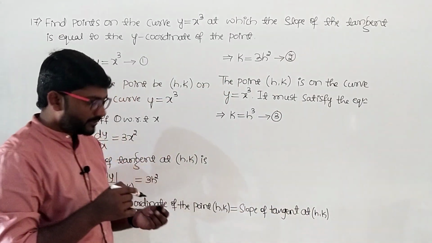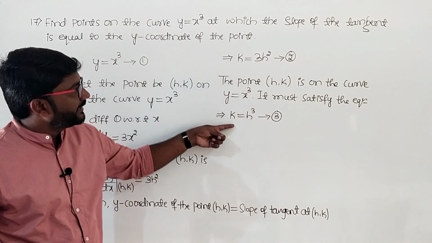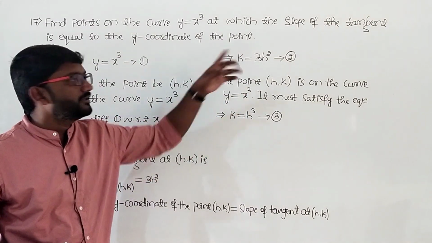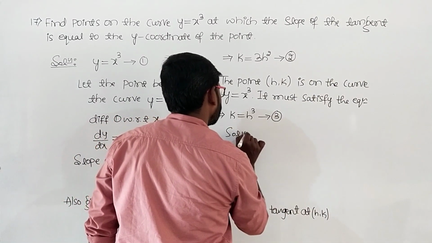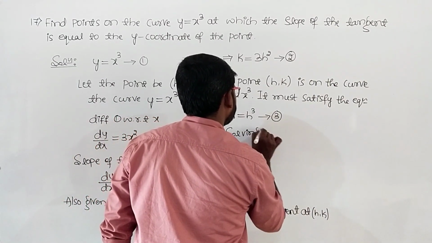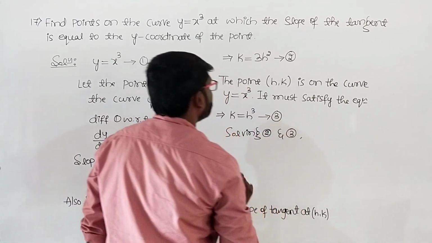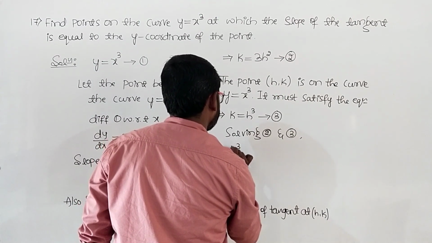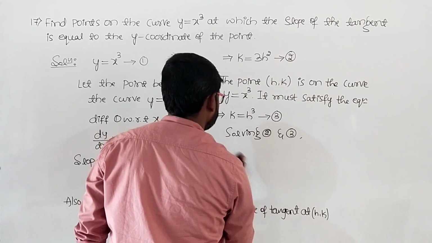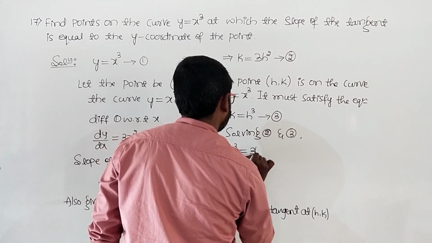So we have to solve equation 2 and equation 3. See here, both sides we have k, that means we can equate these two equations. Solving 2 and 3, what do we get? h cube equals 3h square.